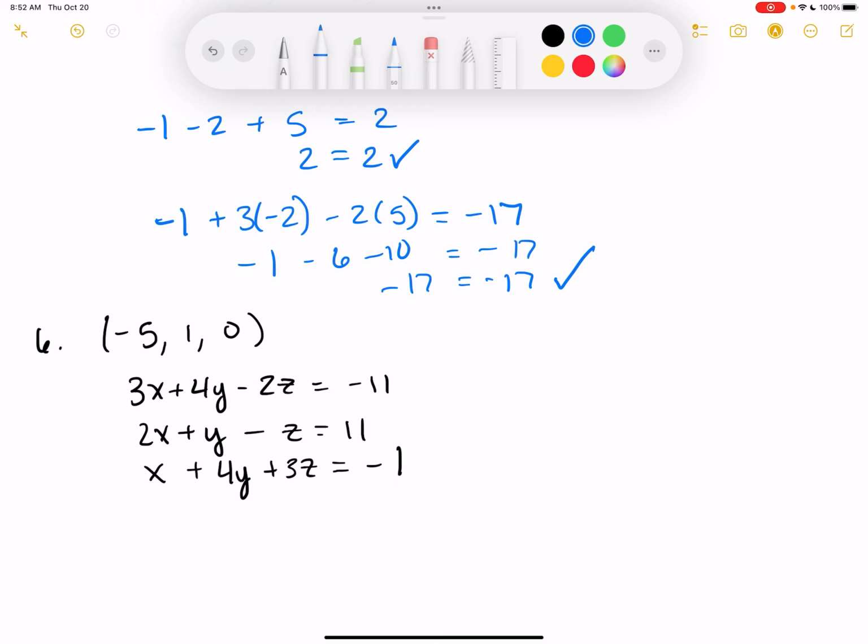I'm just going to work my way down through them again. So 3 times -5 plus 4 times 1, so just 4, minus 2 times 0 is equal to -11. So -15 plus 4 is -11, equals -11. So that one works.